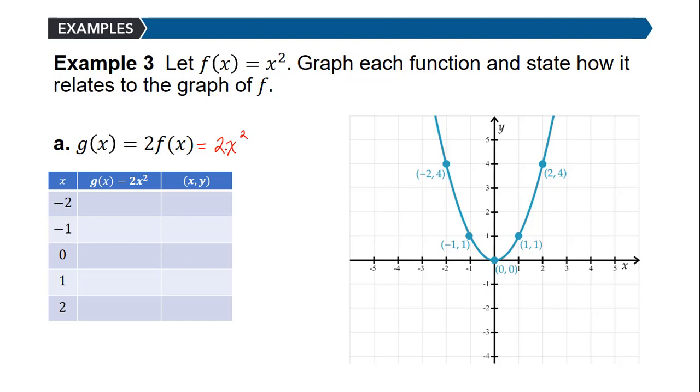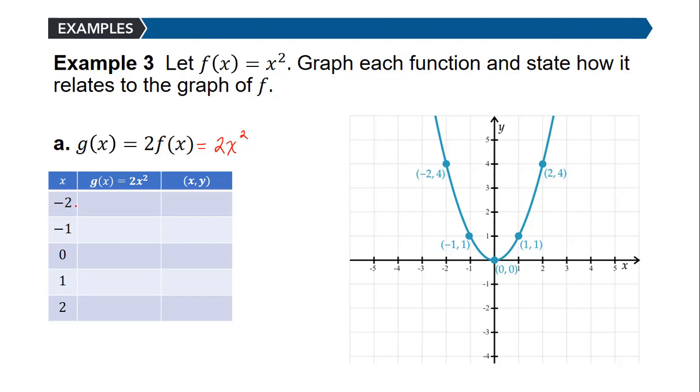So we want to observe how 2 times x squared relates to the graph of just y equals x squared. Well, 2 times x squared, we can plug in the values for x, like -2, -1, 0, 1, and 2. Be careful with the order of operations when you do this.